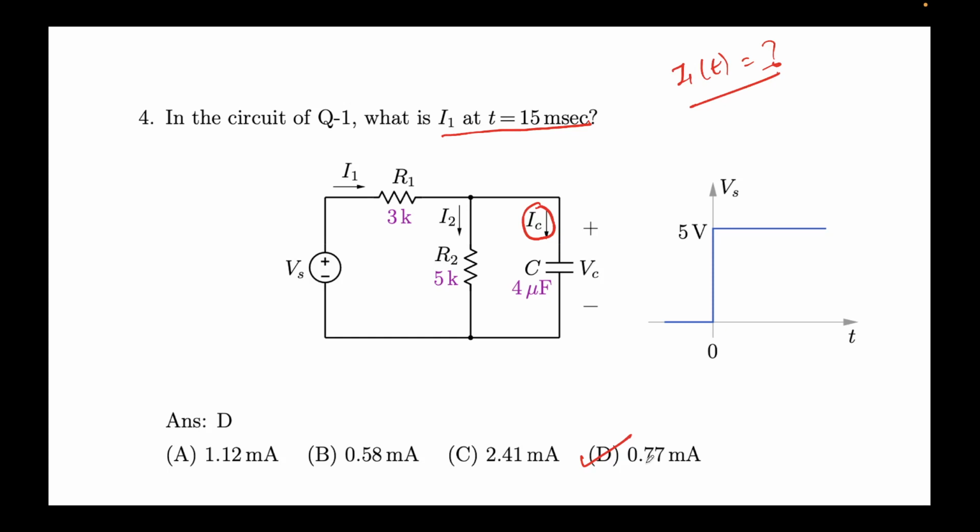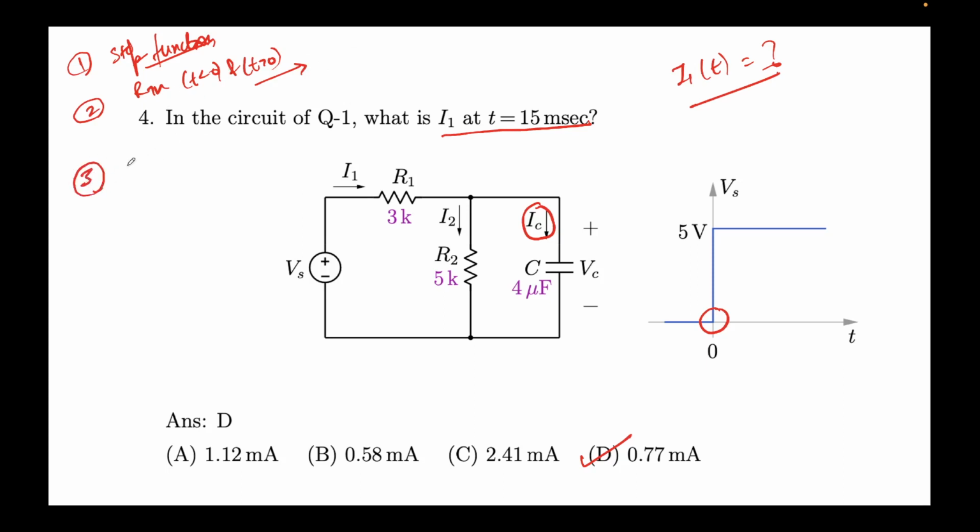Okay, so that completes the first set of questions. I'll just briefly go through what we had talked about for this set. First we noticed that this is a step function, right? Second, we found out the RTH for both the regimes, t less than 0 and t greater than 0. These regimes are defined where the step lies. In this question the step lies at t equal to 0, and we found that the RTH was the same for both. It might be different for different circuits, which we'll see maybe in the next question.